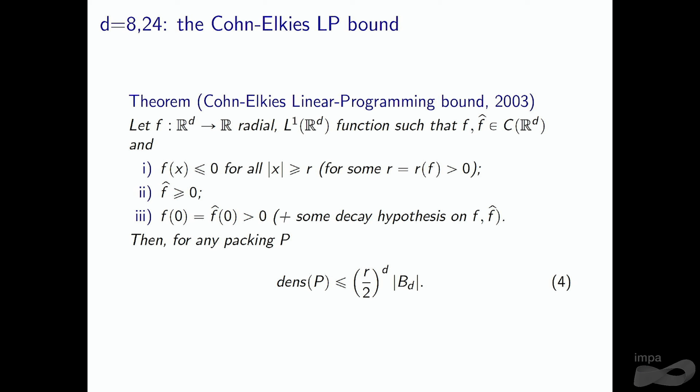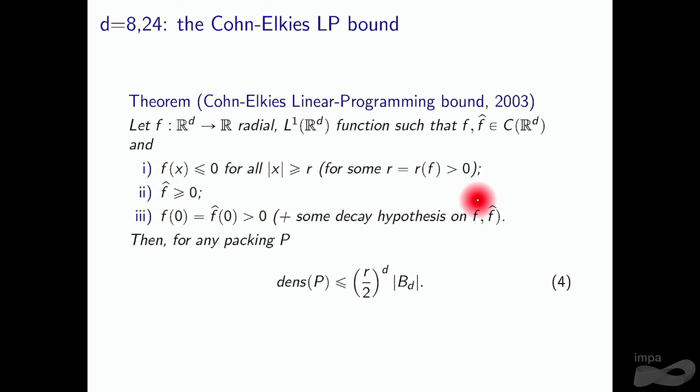So I'm going to comment on the starting point of the idea of Viazovska's work. It begins with the so-called Cohn and Elkies linear programming bound, a result from 2003, and it says the following. You pick a radial function f from R^d, in L^1, such that both the function and its Fourier transform are continuous, and you ask three conditions.